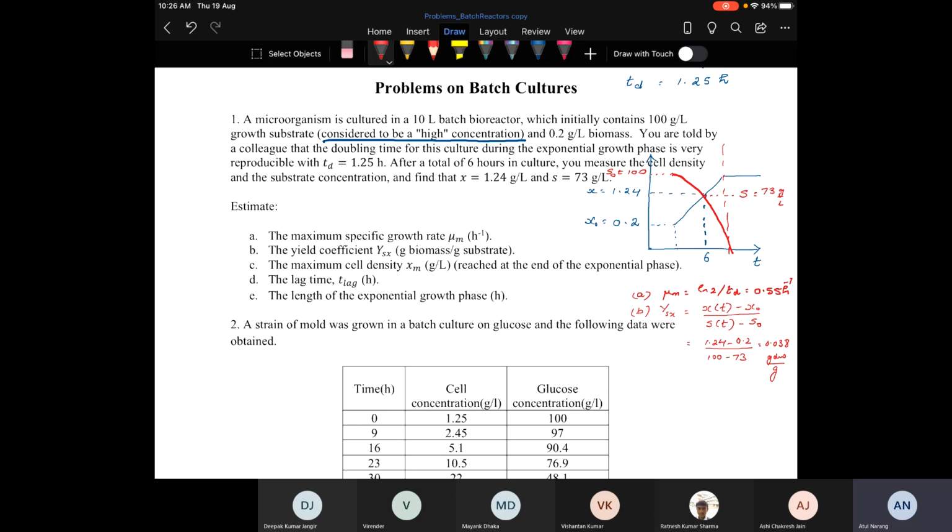Can you give me a formula for the maximum concentration? So x naught plus Y_{sx} into s naught. That's right. So x max is going to be the initial cell density plus Y_{sx} multiplied by s naught.